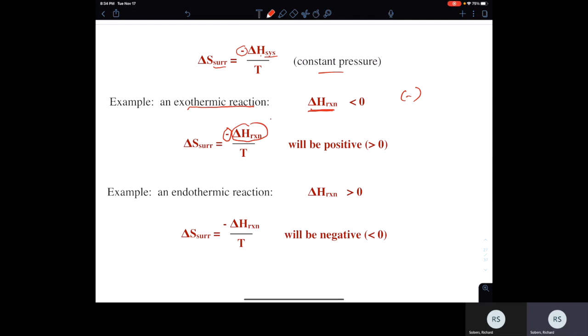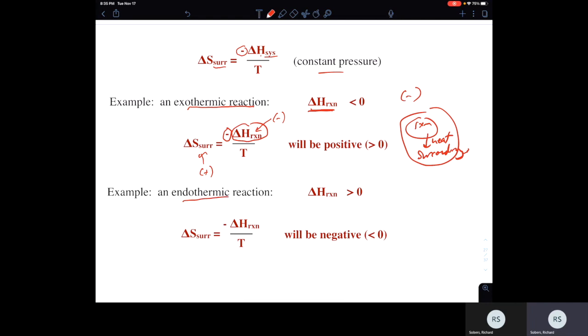Now, if this delta H is negative, then the delta S for the surroundings will be positive. Okay. Why is it positive? Because if it's exothermic, so here's the reaction, here's the surroundings. The heat flows into the surroundings and increases the entropy of the surroundings.